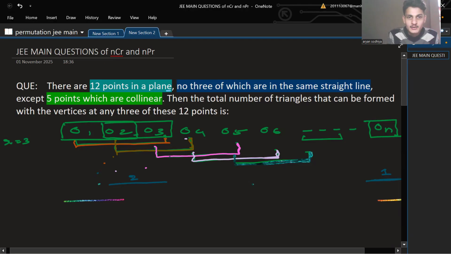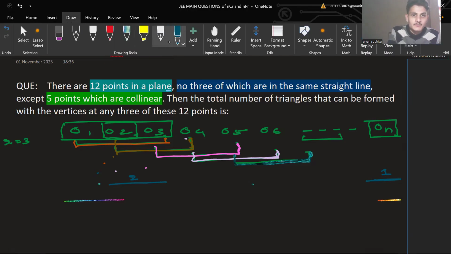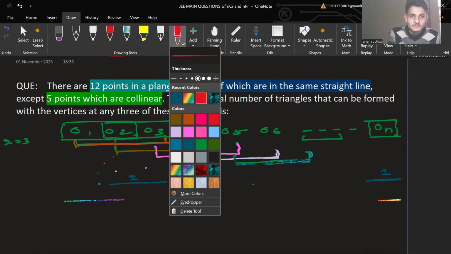Here all three are together: O1, O2, O3 are together. Here O2, O3, O4 are together. Here O3, O4, O5 are together for this group. In this manner, there are many groups possible.